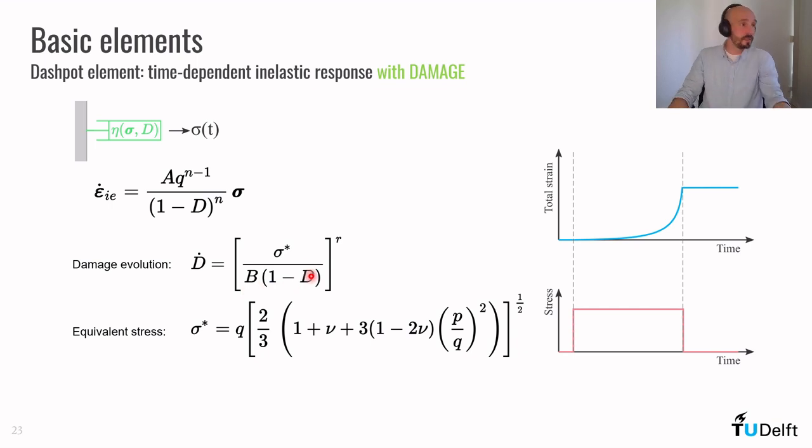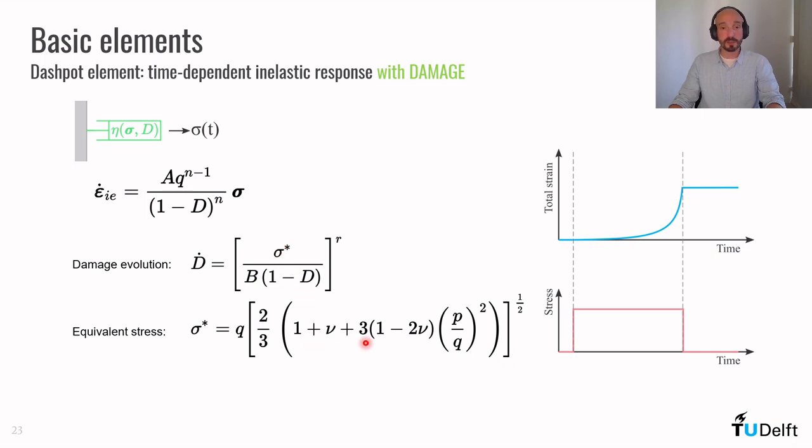D is the damage to the power R. R is another material parameter. This equivalent stress is given by this expression here. This is the von Mises stress, Poisson's ratio. This is pressure, which is minus the mean stress. Q is the von Mises stress. And this is the equivalent stress that we use here.